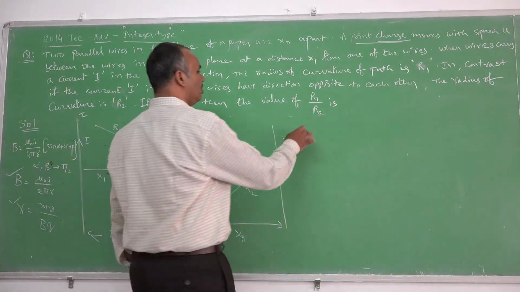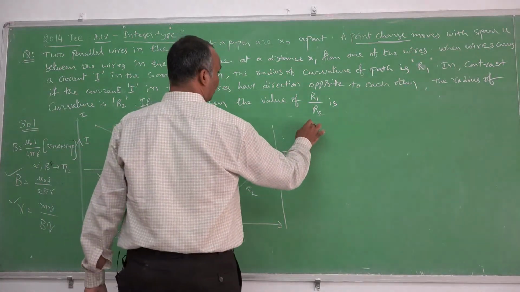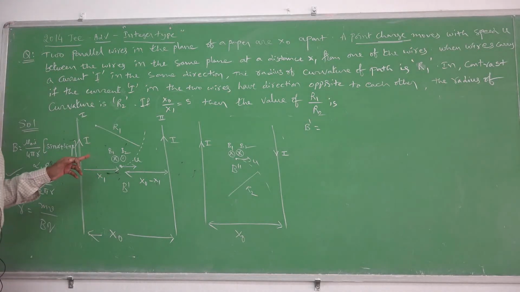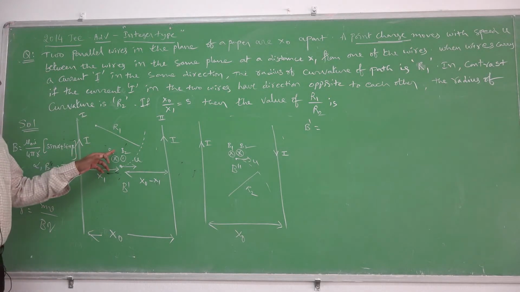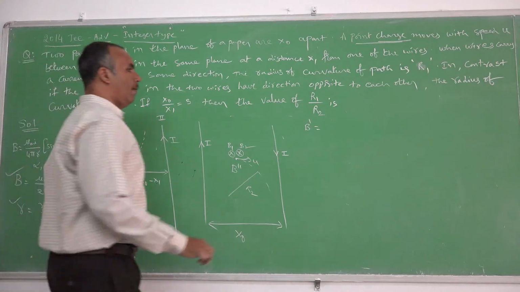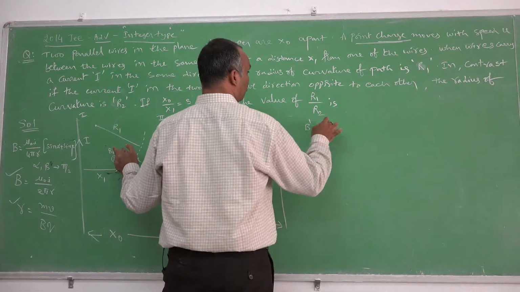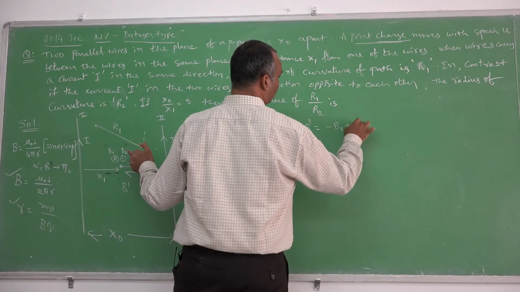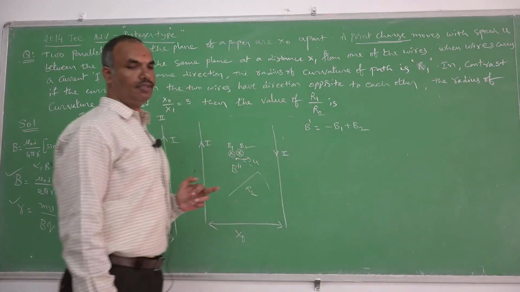So B dash, the strength of the magnetic field in the first case, is given by B1 plus B2. But B1 is into the paper, let me take it as minus. Out of the paper, let me take it as plus. It is like this.